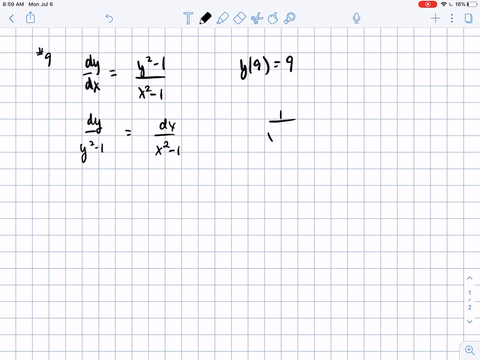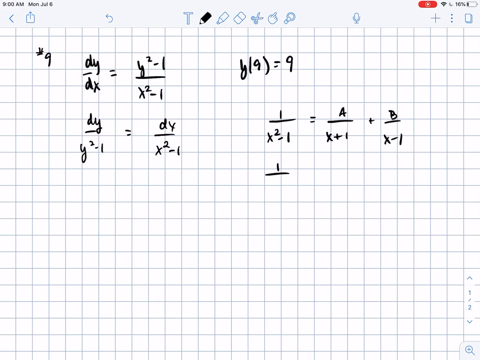Now this, you've got to go back to Calc 2, and this is partial fractions. So what you want to do is factor the denominator, so I'll have x plus 1 and x minus 1. I could create two fractions from this.